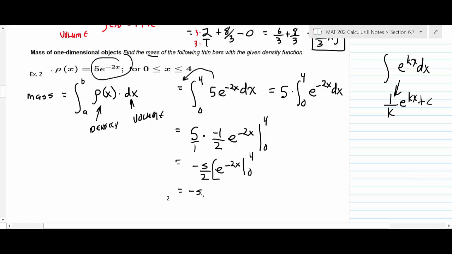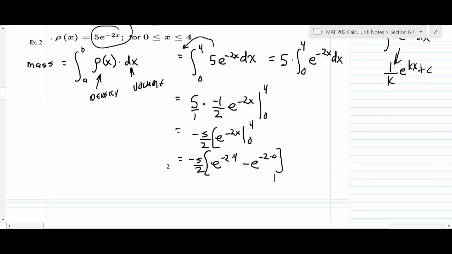So that's negative 5/2 times e to the negative 2 times 4 minus e to the negative 2 times 0. That's negative 5/2 times e to the negative 8, and then e to the 0 becomes 1.